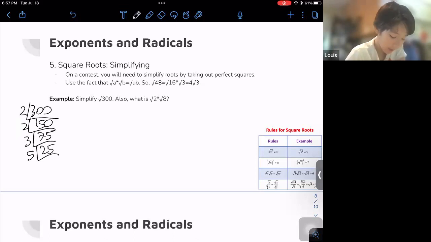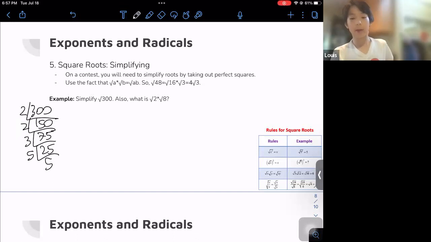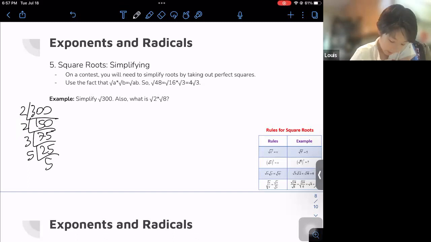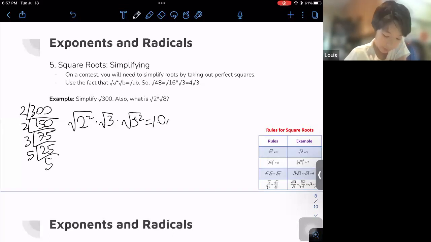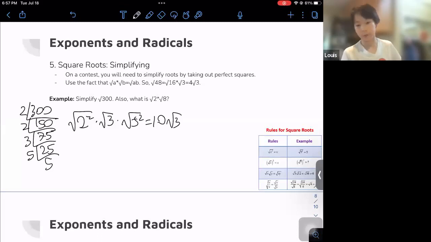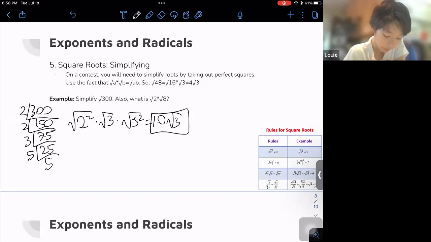If we take a 5, it takes out 5. And since 5 is prime, we can't take out anything from it. So it would just be the square root of 2 squared, times the square root of 3, times the square root of 5 squared, which is just 10 root 3, because it's just 2 times 5 times root 3. So this is the answer to our first problem.